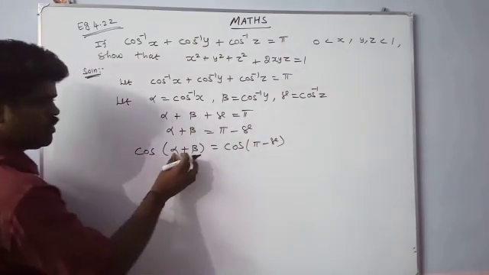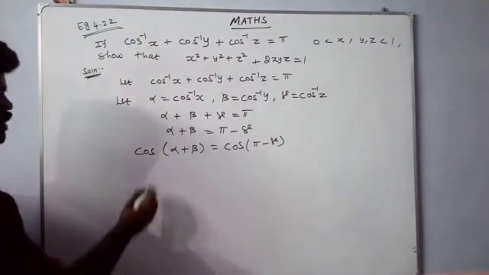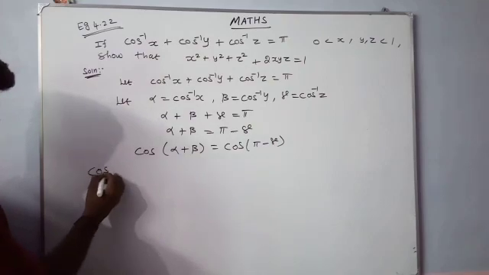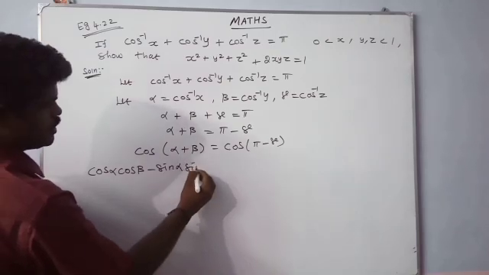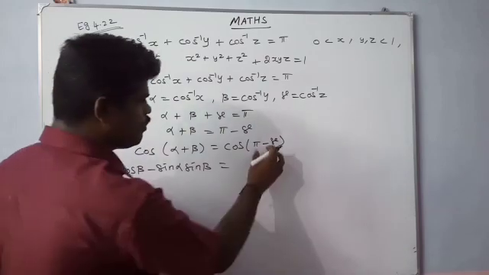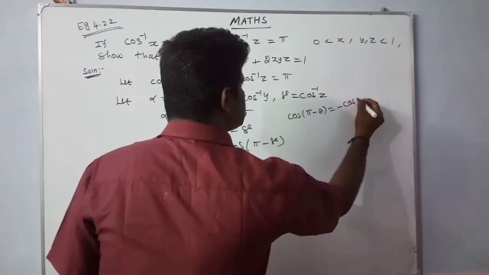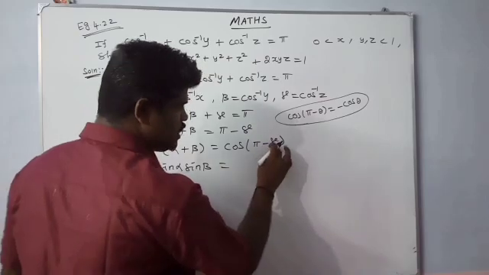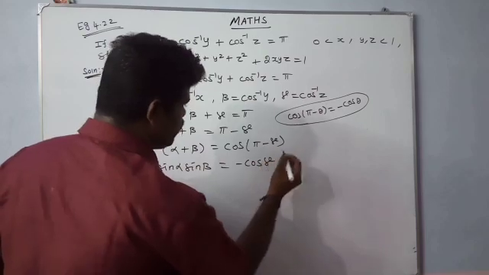Here the cos alpha plus beta formula we know is cos alpha cos beta minus sin alpha sin beta, which is equal to cos pi minus gamma. We know the formula: cos pi minus theta means minus cos theta. So directly we can write minus cos gamma.